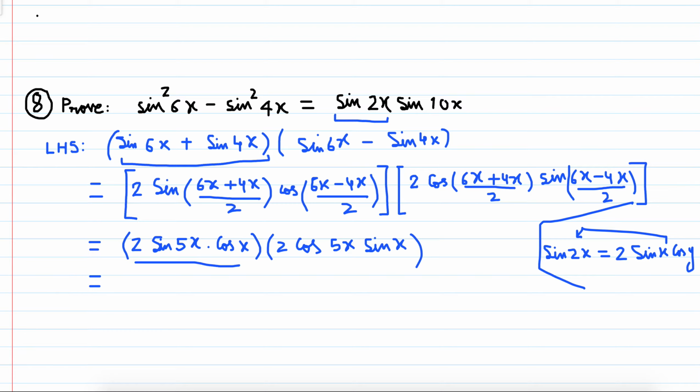Directly we cannot use it. We have 5x terms and then x terms, so we will keep the 5x terms together. Sine 5x cos 5x, and then sin x cos x.